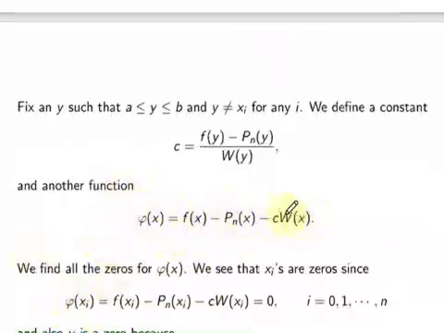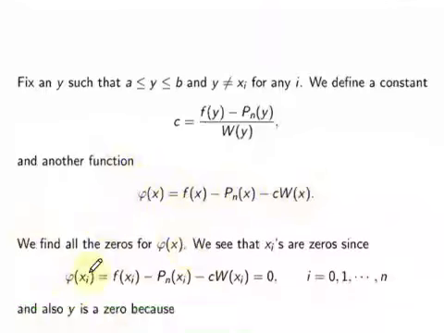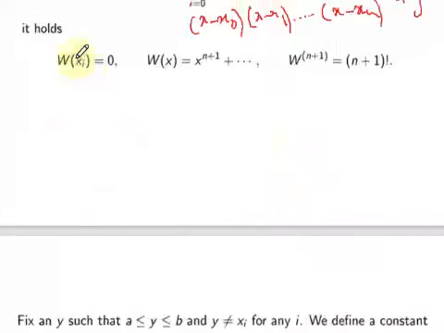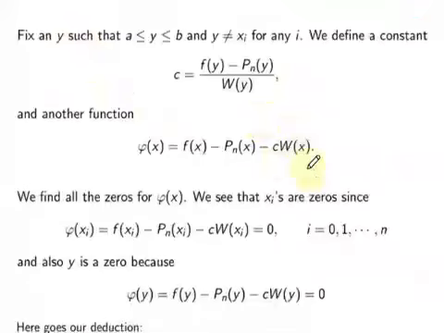All right. When you plug x_i in here, what happens? We know that this w function vanishes when you plug x_i in, right? This becomes 0.